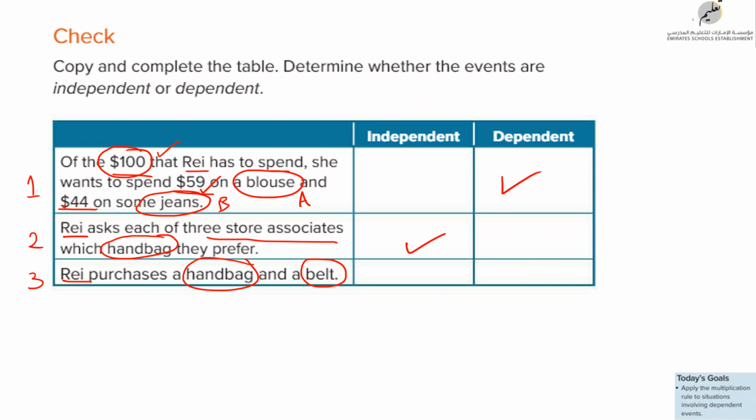Maybe she will like a handbag which she can use for her office, but she may choose a belt which is of a different color, of a different variety. So that is completely disconnected, and it will come under independent events. That's how you copy and complete the table and choose which event is independent and which is dependent. Remember to give the reasons always.